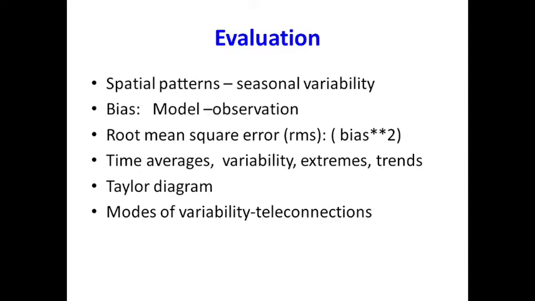So there is one way to look at the model, that is the bias. What is the bias? It is a variable of the model minus observation. So if I do this difference between the model and the observation, I can see if the model is overestimating or underestimating that variable. And there is another way to look at this, that is the root mean square error.